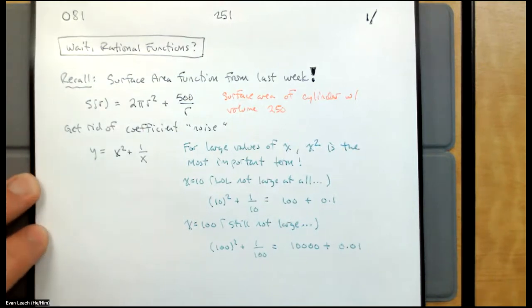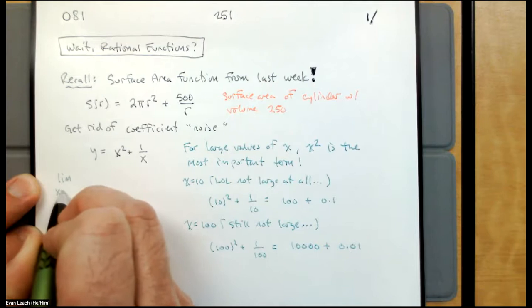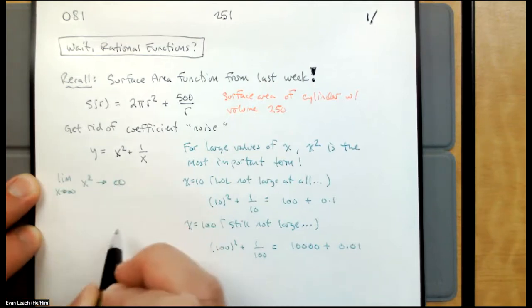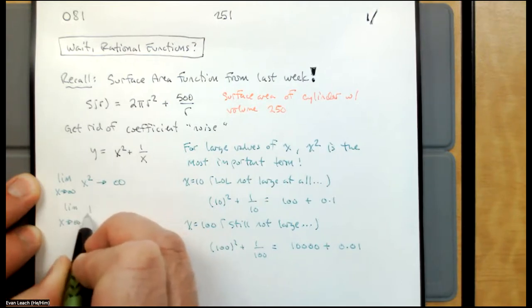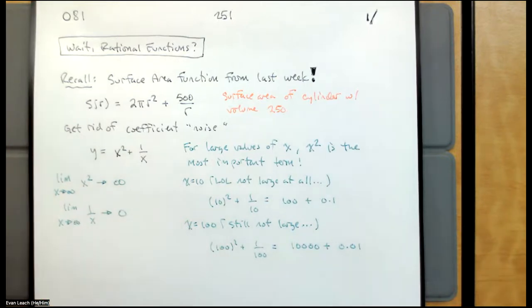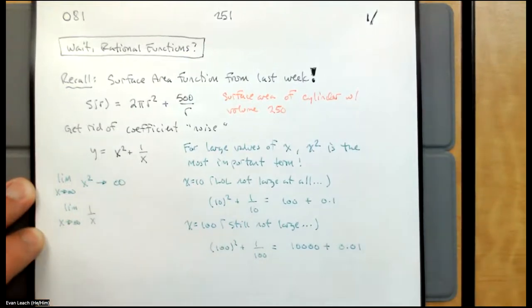So this is actually perfectly sensible. We have the language of limits. The limit as x goes to infinity of 1 over x becomes less important. Actually, I can say it equals 0.